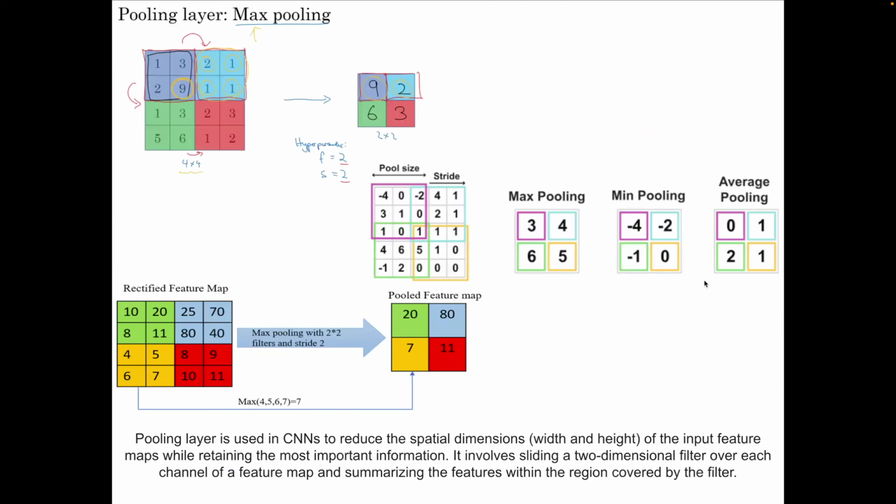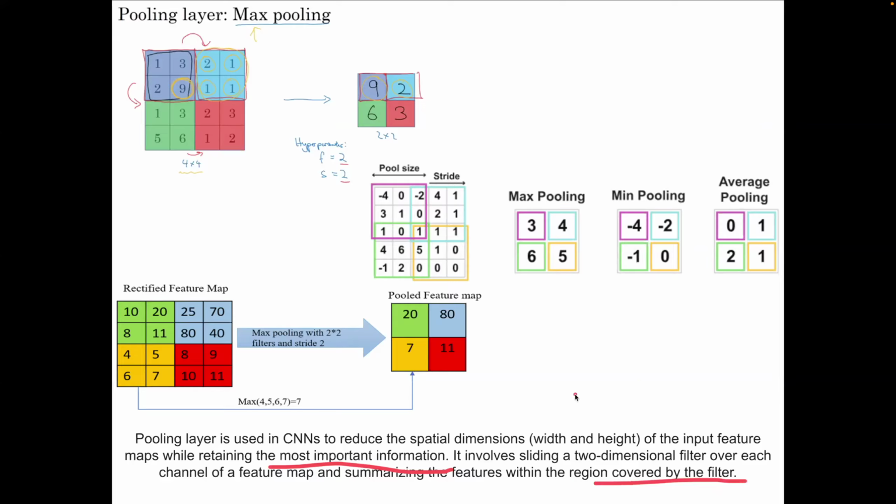There are a lot of pooling types: there's max pooling, there's minimum pooling, there's average pooling. So the pooling layer in a CNN reduces the spatial dimension, the height and width of the input feature, while retaining the important features and information. This involves sliding a two-dimensional filter on each channel of the feature map and summarizing the features within the region covered by the filter.